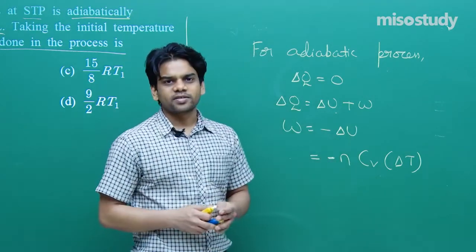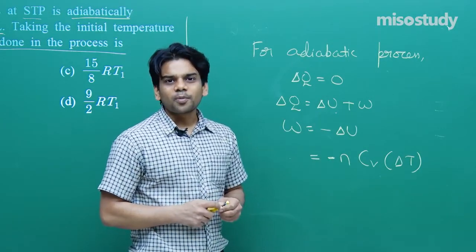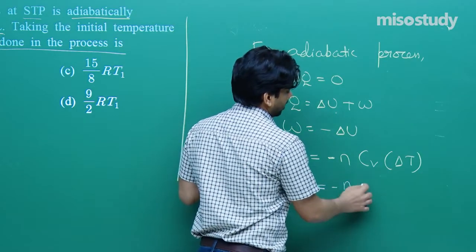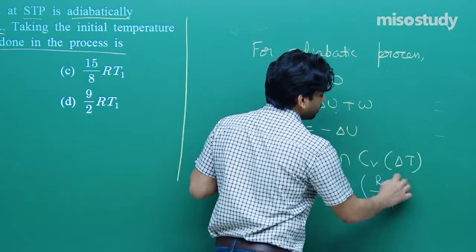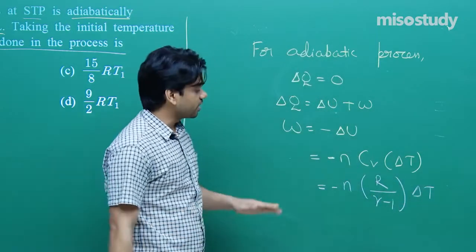N is 1 by 4, that is given. CV can be written as R upon gamma minus 1 in terms of R and gamma, into delta T. This is what we can reach.